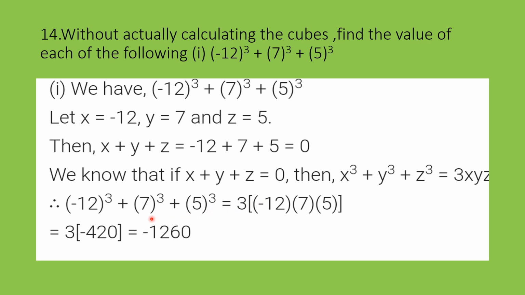That is 3 multiplied by minus 420, that is equal to minus 1260. So you got minus 12 cube plus 7 cube plus 5 cube equal to minus 1260.